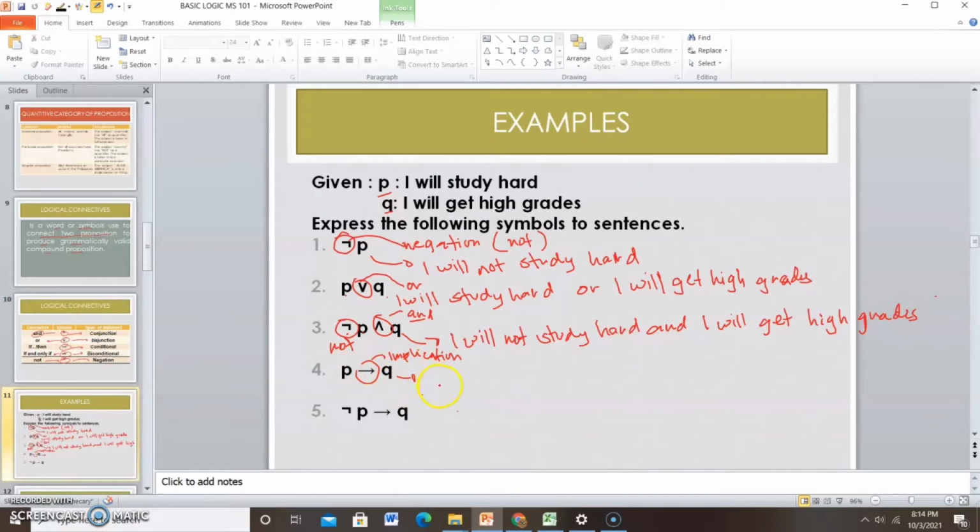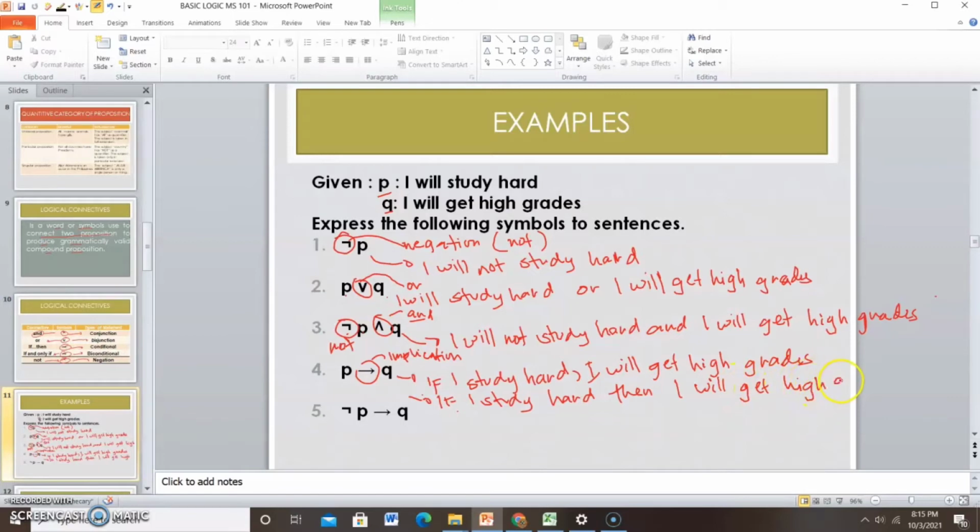As a sentence: if I study hard, then I will get high grades. The "then" can also be replaced by a comma, which also carries the meaning of then. Or without a comma: if I study hard then I will get high grades.